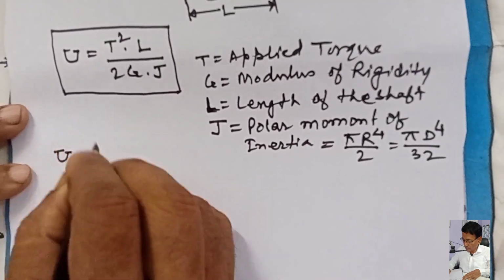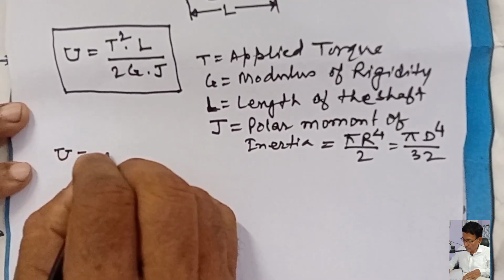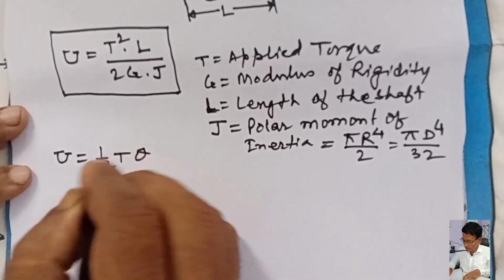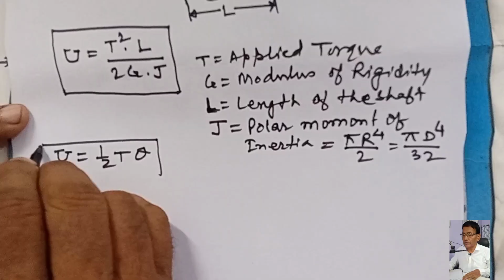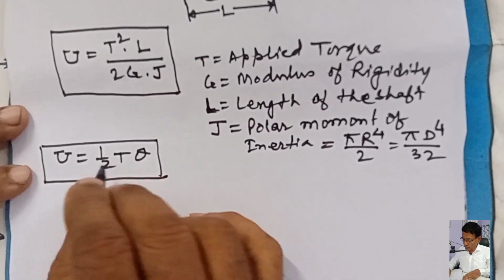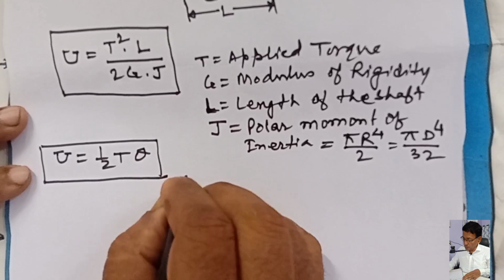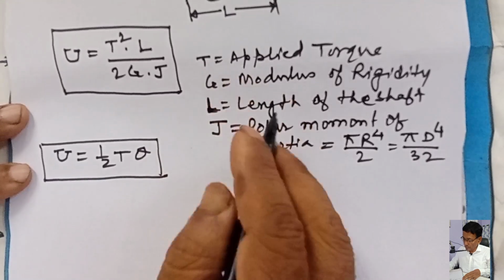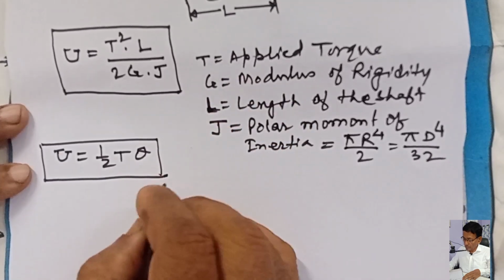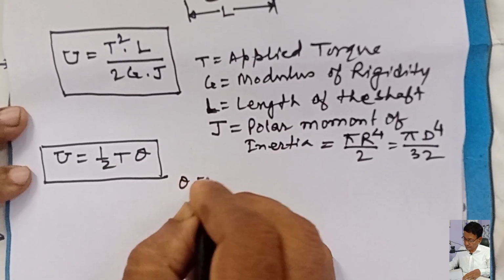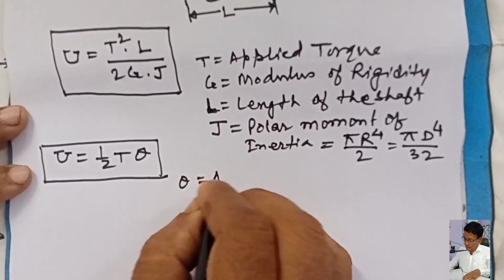In case of torsion, we can also write U is equal to half T theta, where T is applied torque and theta is angle of twist.